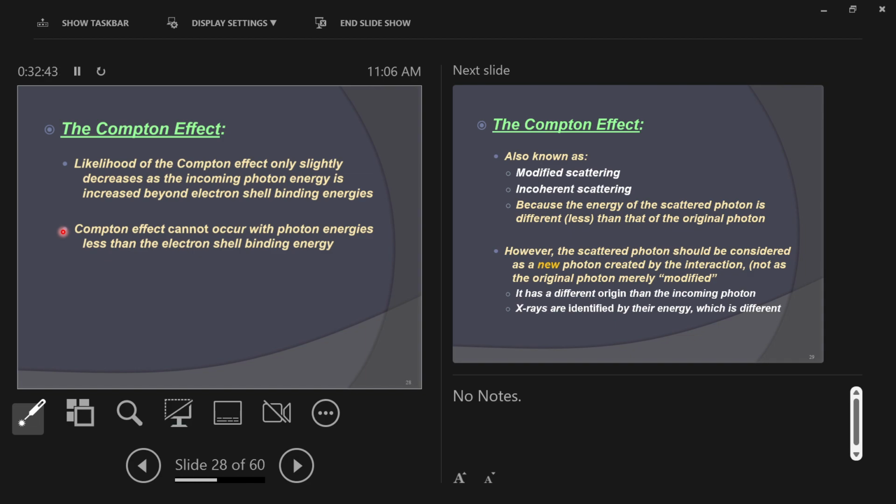So if an X-ray photon came in with 1.9 kV worth of energy, it probably wouldn't be an X-ray photon. But if it came in with 1.9 kV worth of energy to that previous atom, and that atom needed 2 kV to eject the electron, it won't do it. The electron will absorb the photon, and then re-emit it back out in a different direction, same energy, but different direction.